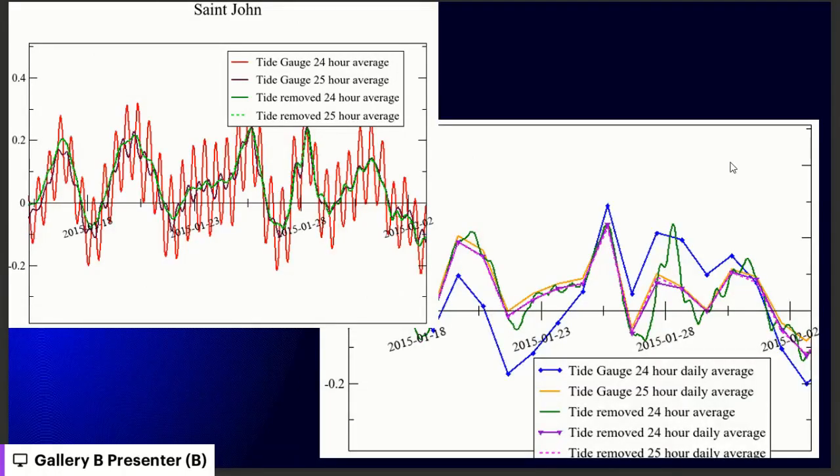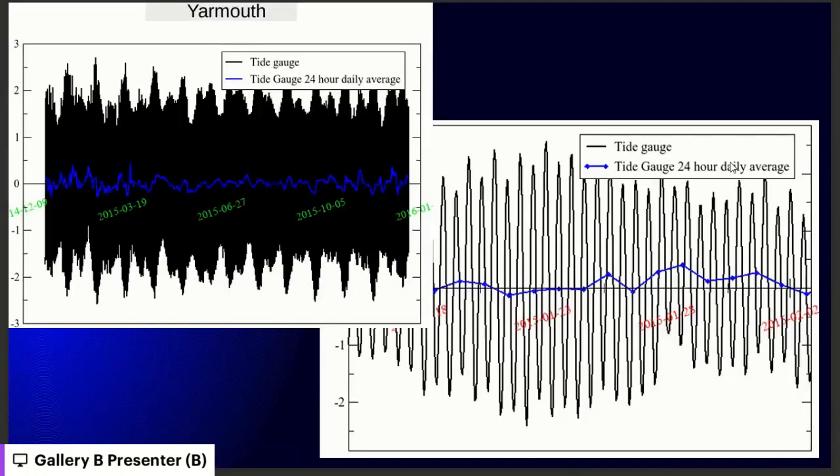And now, if we do the 25-hour average or the 24-hour average of the residual picture, we're getting the same sort of thing. So that is a good thing to have. So we think the 25-hour average is a great thing.